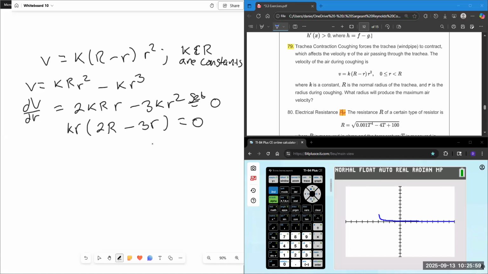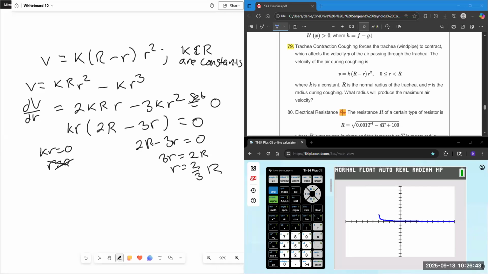So k r equals 0, r equals 0, which I'm not interested in in the context of this problem, because little r is the radius of your windpipe and if it closes to 0, you can't breathe and you die. That's not going to give me maximum velocity here. Or 2R minus 3r is equal to 0. 3r is equal to 2 big R, and little r is equal to 2/3 big R. That's the one that's going to give me the maximum.